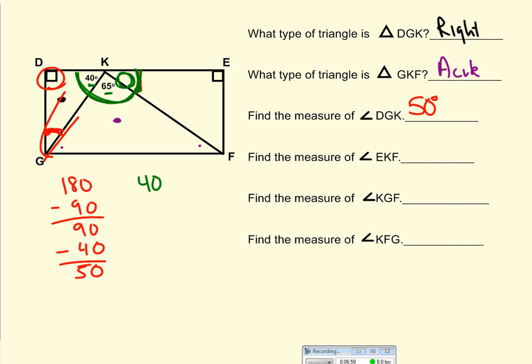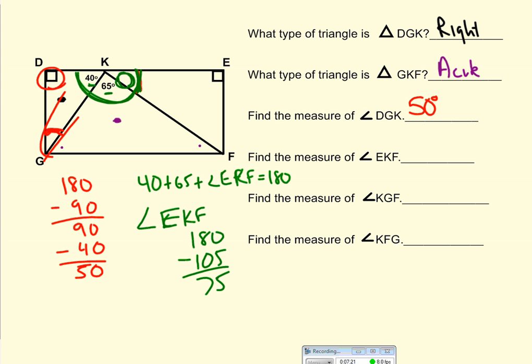So 40 plus 65 plus angle EKF is 180. So angle EKF is going to be equal to 180 minus 105. So it's going to be equal to 75 degrees.